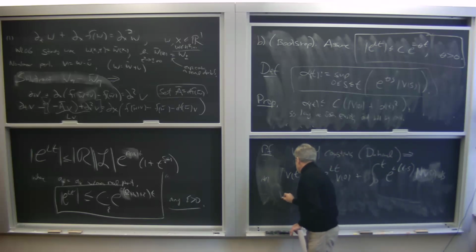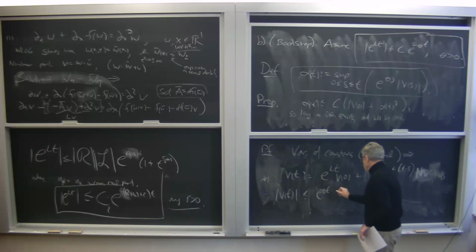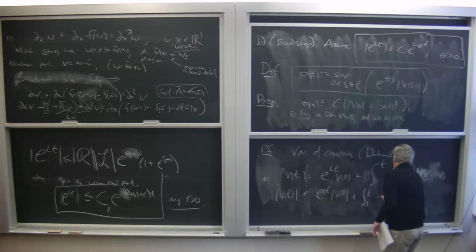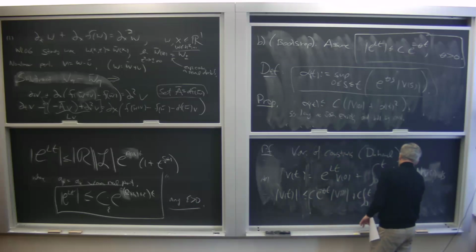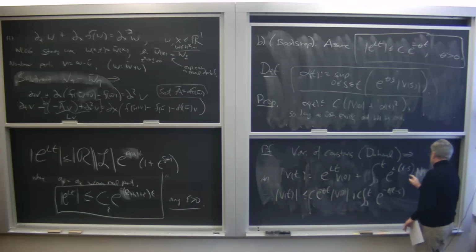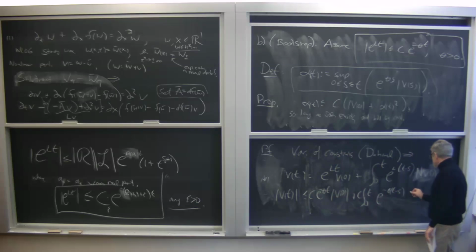So now I want to estimate V of t. V of t is less than or equal to e to the minus theta t, using the operator norm of e, times V of 0, plus the integral from 0 to t of e to the minus theta (t minus s), and there's a constant out in front of that in my bound, times the norm of big N. But the norm of big N is like another constant, a universal constant, and I'll get V of s squared ds.